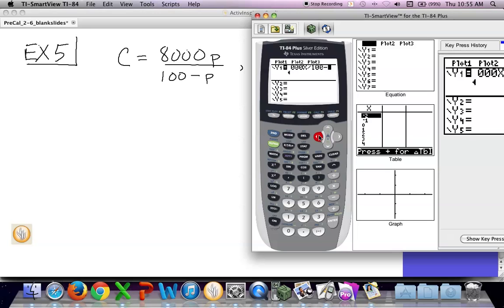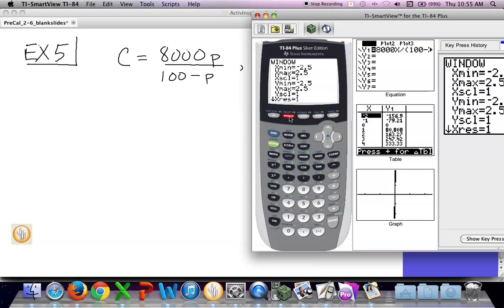That's wrong, because I don't have parentheses. Okay, and then I've got to set my window, right? I know that it needs to go from 0 to 100. I'm not sure what it's going to do, like how big this is going to get.